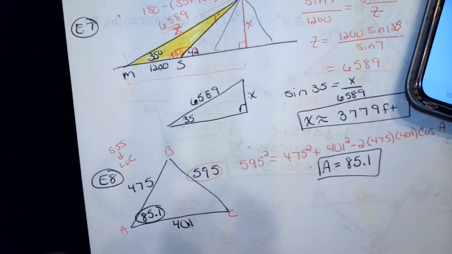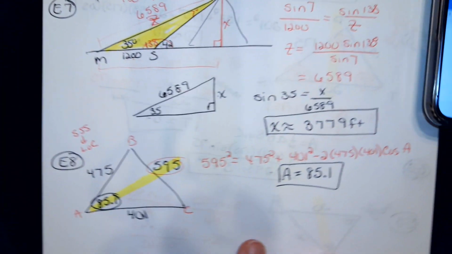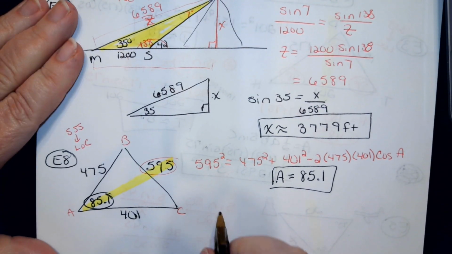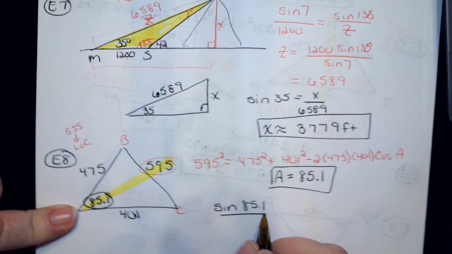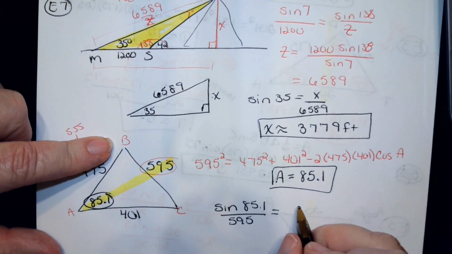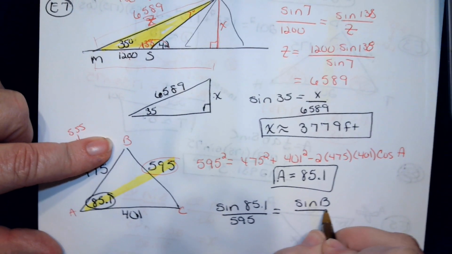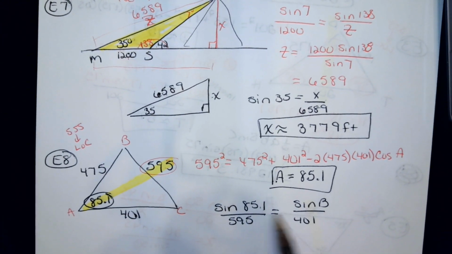Now we know an angle and its opposite side, so we can do the law of sines. We say the sine of 85.1 over 595 is equal to the sine of B over 401. We cross multiply and then divide by 595.